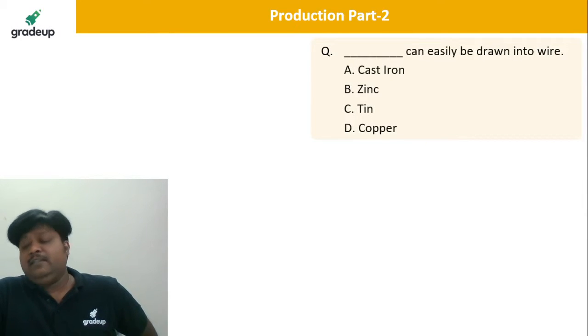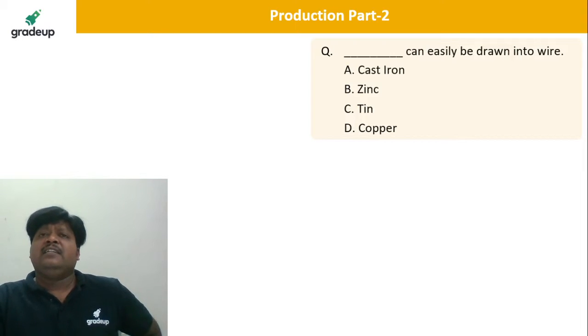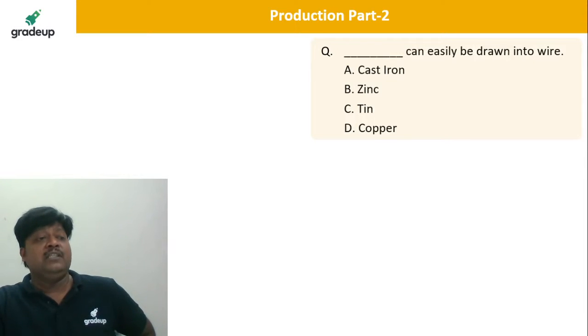Yes, now tell me. So dear students, when we talk about the wire drawing operation, we are actually looking for elongation in the material, definitely. And to get that required elongation, I am always looking for good ductility of the material. Please remember, to get good ductility you should have the material in that fashion.